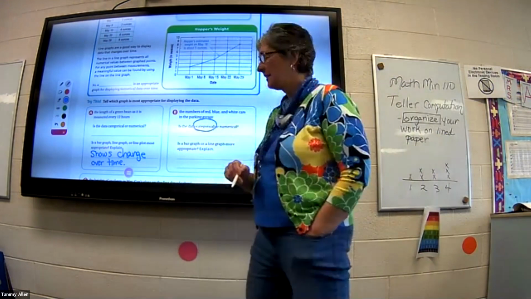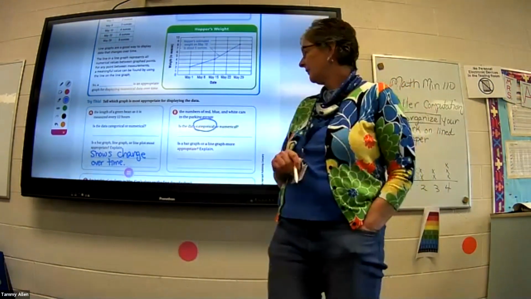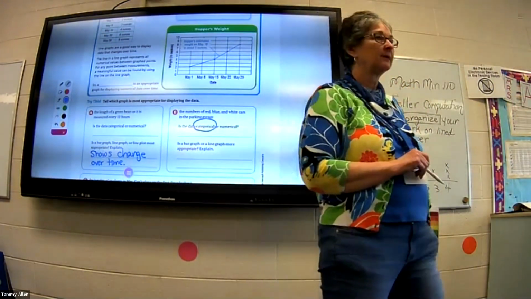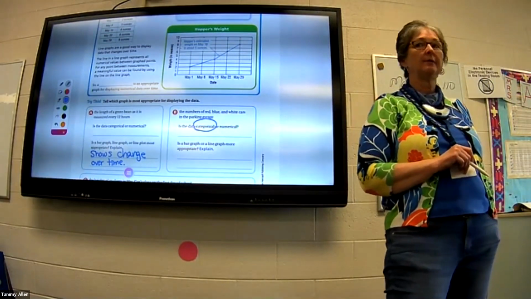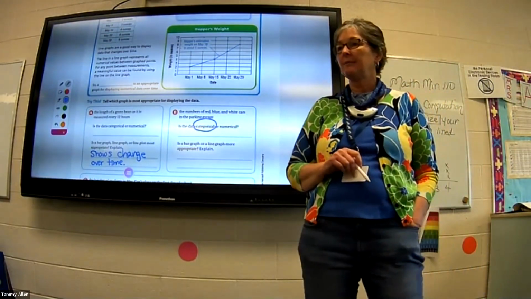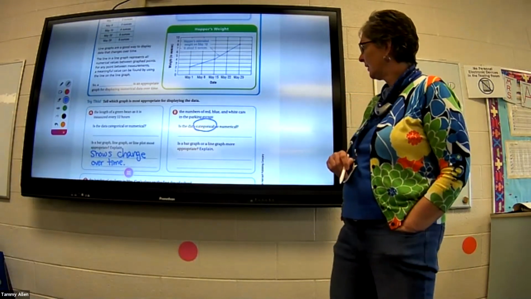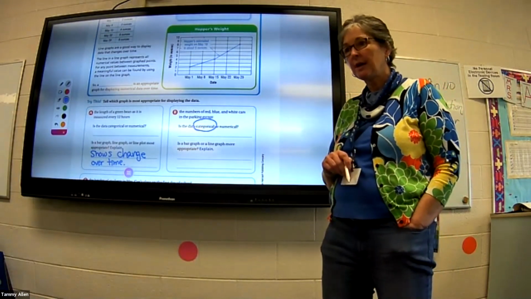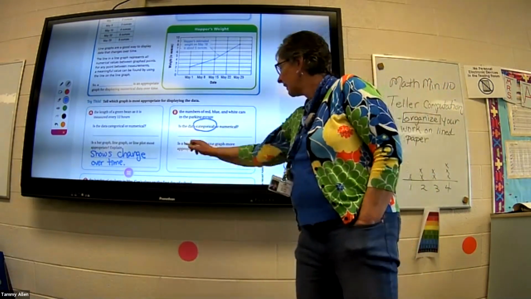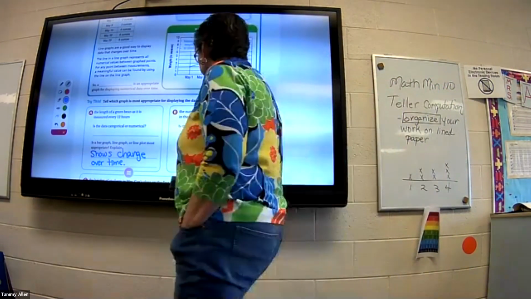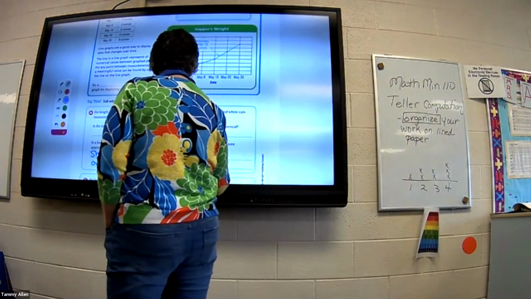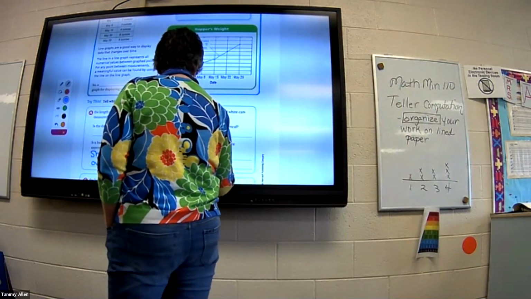Categorical. Okay. Bar graph or line graph? How many think bar graph? How many think line graph? Are we showing change over time? Red, blue, and white. Are we showing change over time? No, it's a bar graph. We're going to be comparing. We are comparing types of cars.